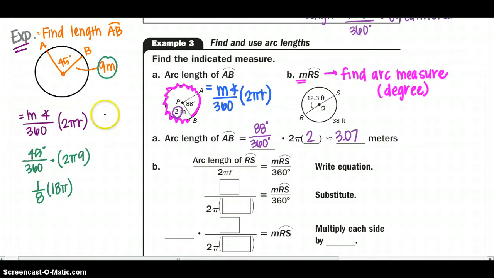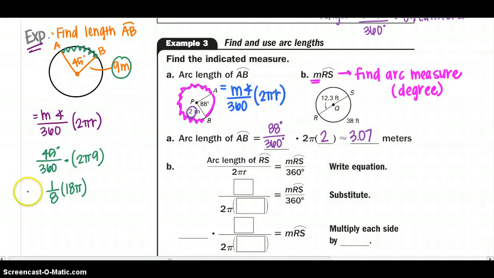So this is telling me that my arc length is 1/8 of my circumference. So that's what this portion is telling you, pretty much the ratio or the proportion about it. So my answer would be 9 pi over 4, which is approximately 7.07 inches.